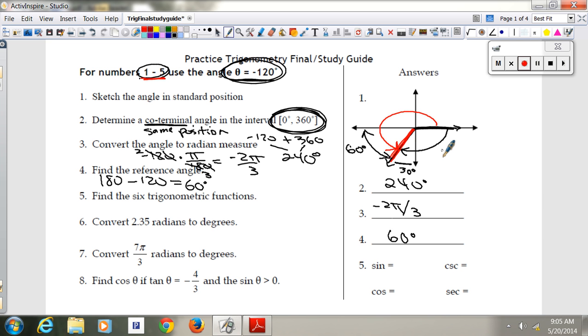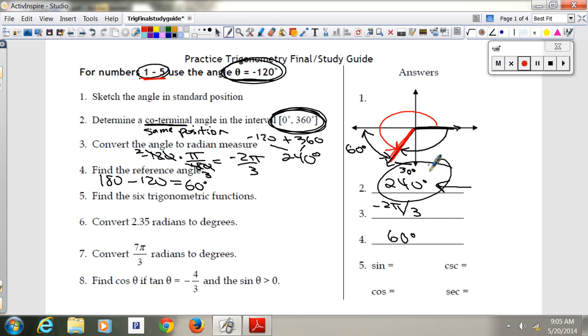All right, and the last one is easy as far as the chart goes. If you have your chart, then you'll be able to find all 6 trig functions because you'll know where to look. What was my coterminal angle? 240. If you didn't write your negatives on here, then you know 240 is the place you want to be looking on your chart.